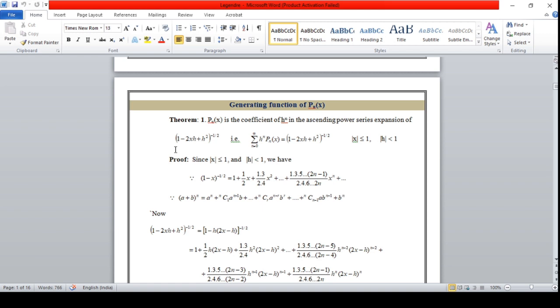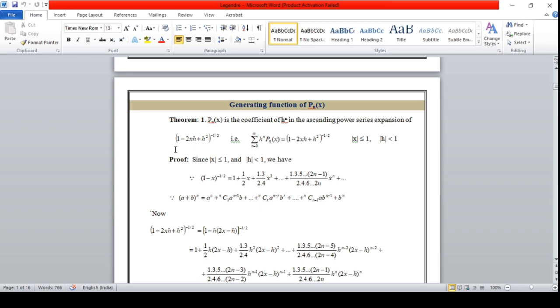Now prove. Since x and h are positive, we have this series. This is the well-known series: (1 minus x) raised to the power minus 1 by 2 is 1 plus 1 upon 2 x plus 1·3 upon 2·4 x square, and the general term is 1·3·5 up to (2n minus 1) upon 2·4·6 up to 2n x raised to the power n, plus up to infinity.